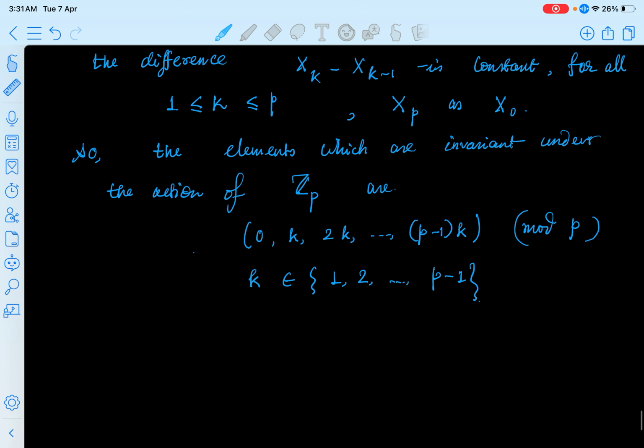These are the invariant elements, the set of all fixed points.